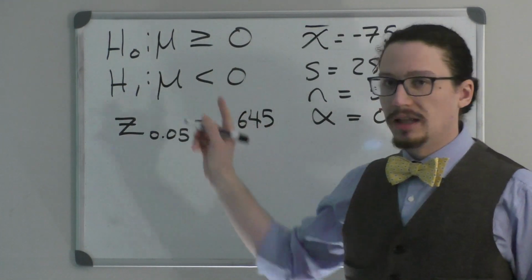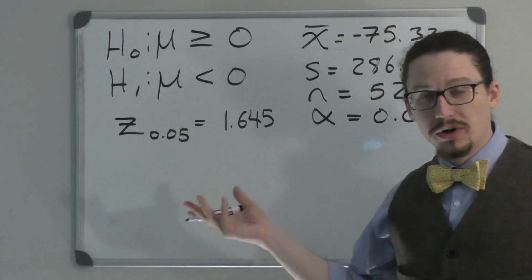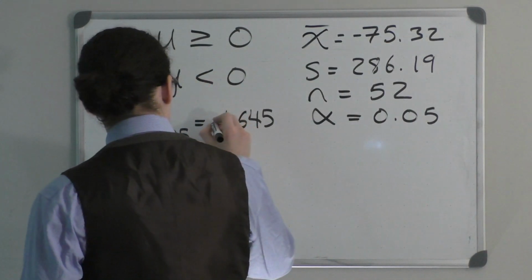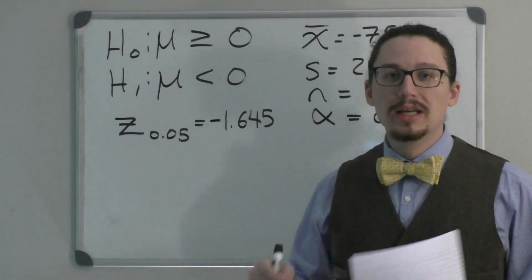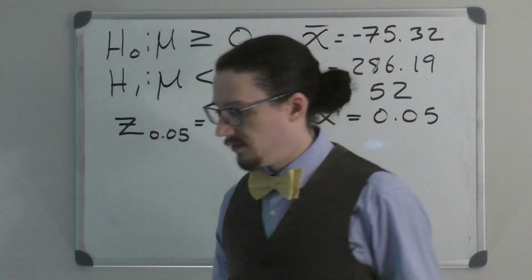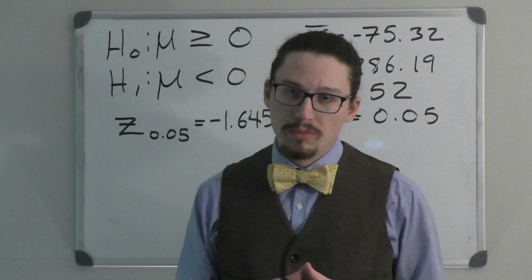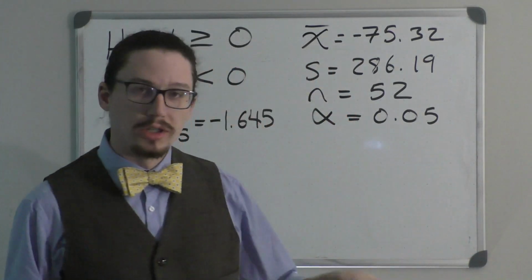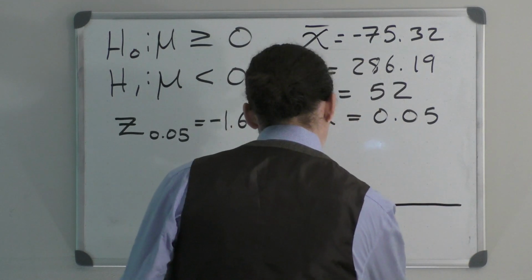But there is an important distinction. Because this is a left-tailed test, we need to be using the negative critical value. So the proper critical value should be negative 1.645. This is another reason why we might want to use our distribution.